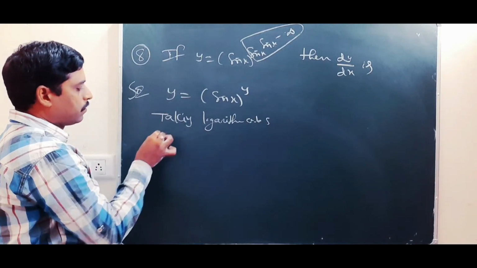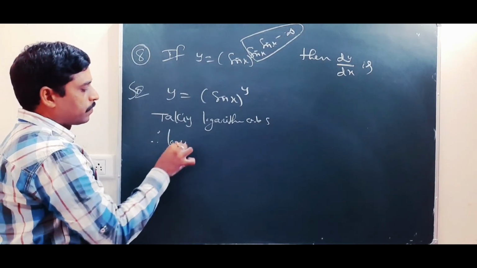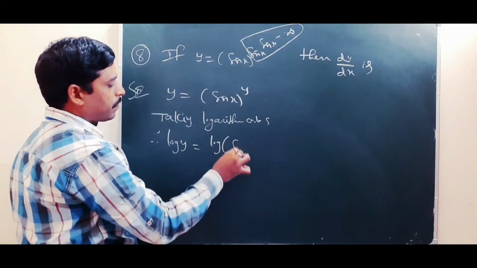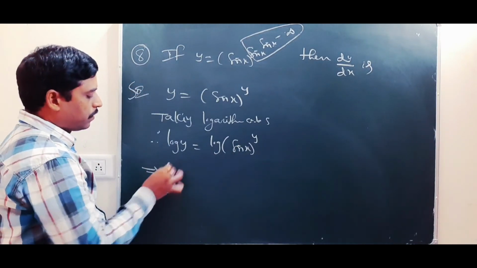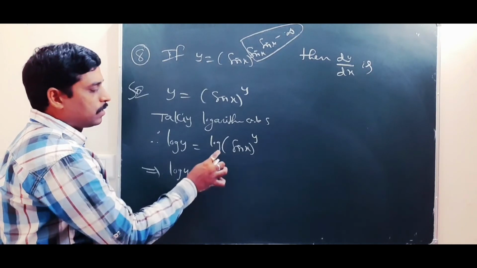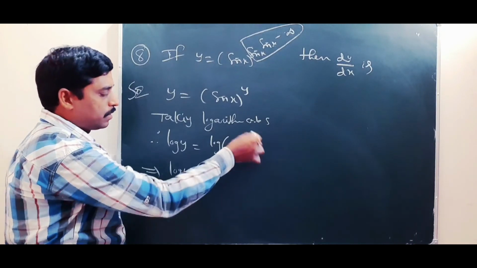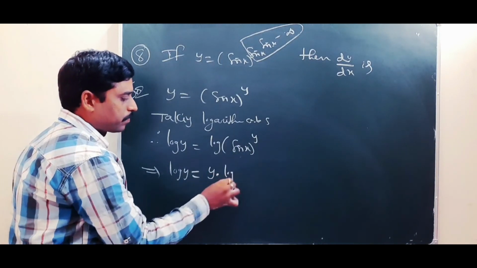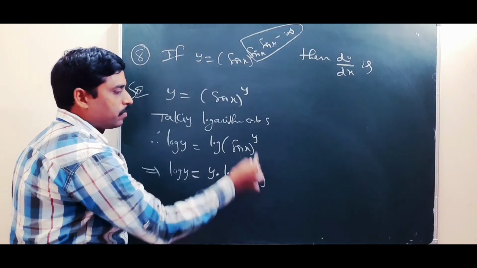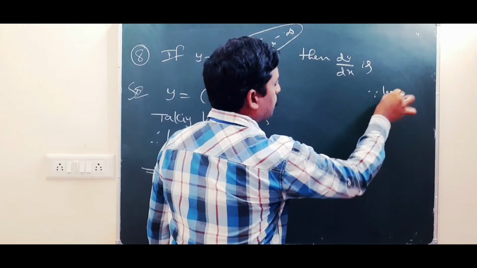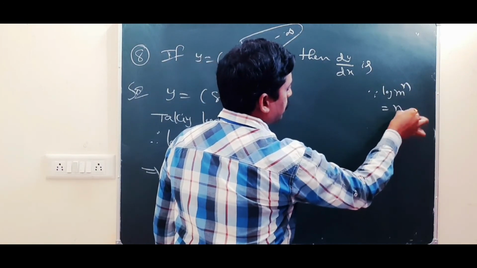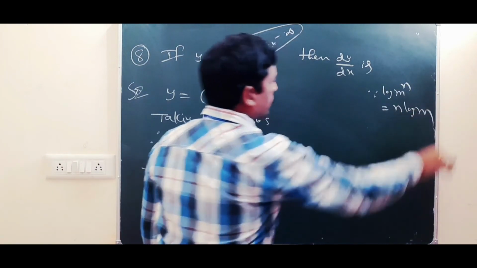So log y is equal to log of sin x to the power y, which is nothing but y into log sin x. This is in the form of log of m to the power n, which is nothing but n into log m.